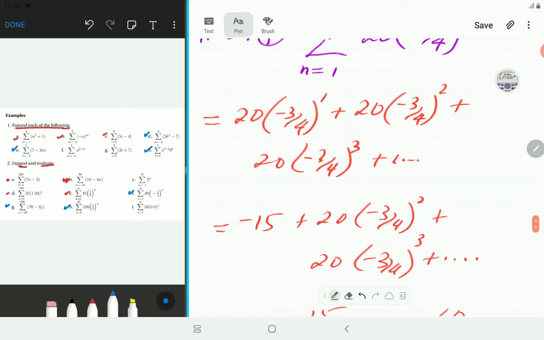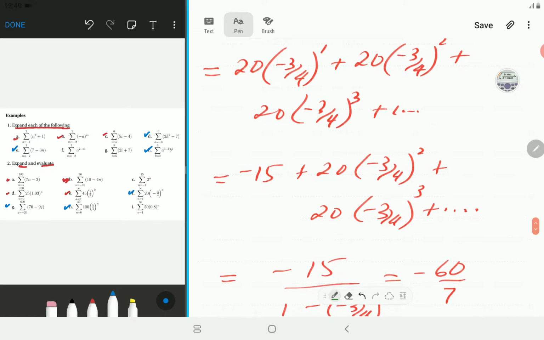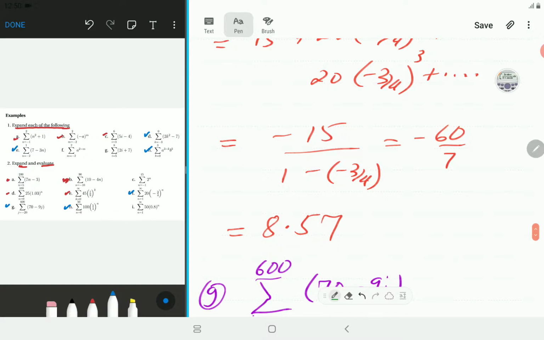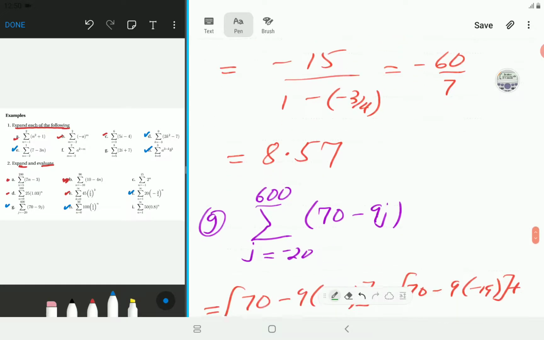These ones, we can leave them exactly as they are. And so r here is going to be -3/4. So since it's an infinite sum, we're going to use the formula T1 over 1 minus r. It's going to give us that situation there. Then this is going to work out to 8.57, correct to 2 decimal places.